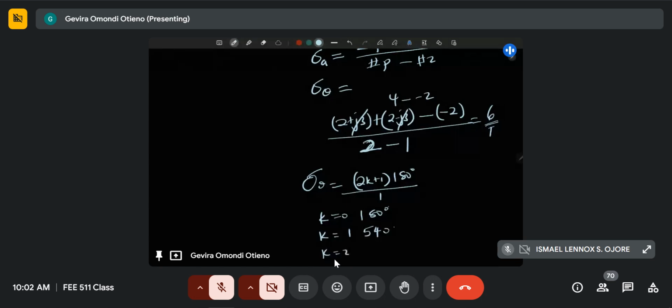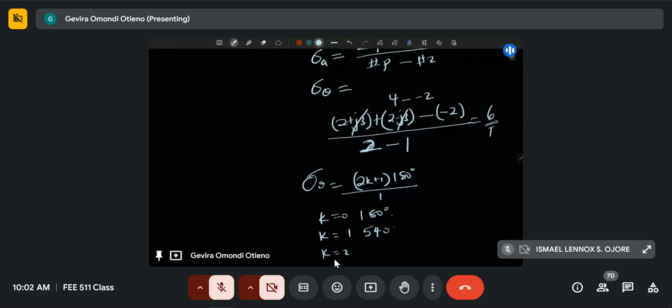When k is 2, you can actually see that this point here would be at 180 by 3. This is 180 by 3. See, 180 degrees is on that line.